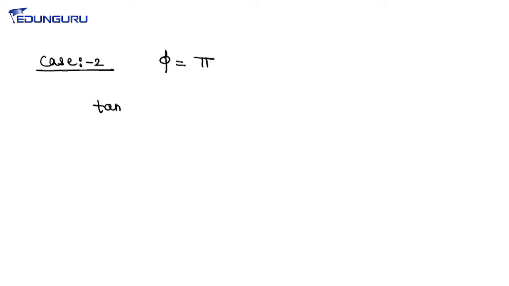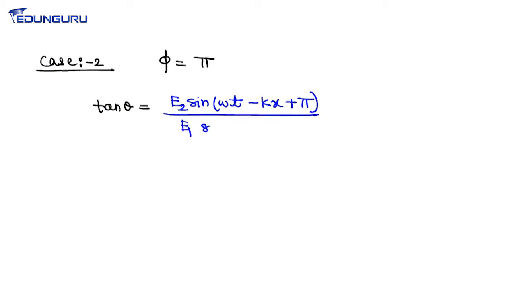Tan theta now becomes E2 sine of omega t minus kx plus pi upon E1 sine of omega t minus kx, and this is equal to minus E2 by E1.